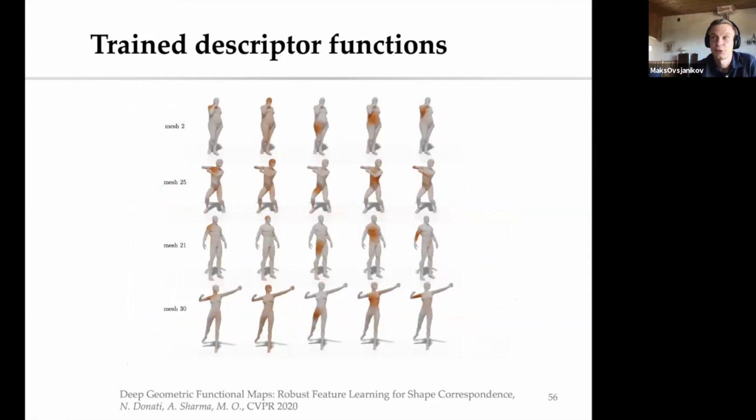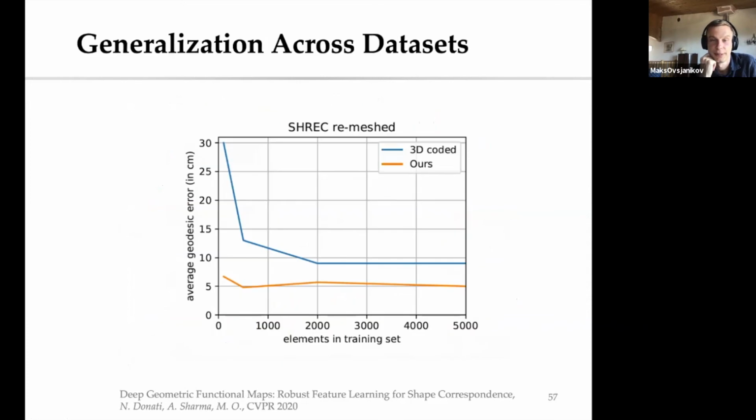One question you can ask is, why do we even need this basis? If I just have the descriptors, can I use them directly to find pointwise correspondences? Interestingly, I think the answer is no. Using the basis really helps to regularize the problem. We actually evaluated this. We took a look at training on one data set, this Faust data set, and testing on a different data set.